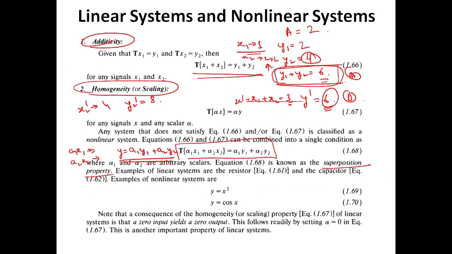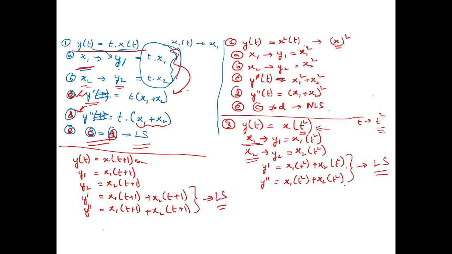I gave you the example over here. First of all, what we did, we added the outputs, and in the second stage, we added the inputs and calculated the output. Right? Here also we have done the same thing. We got the equation. For x1, what should be the y1? We calculated that. For x2, what should be the y2? We calculated that.